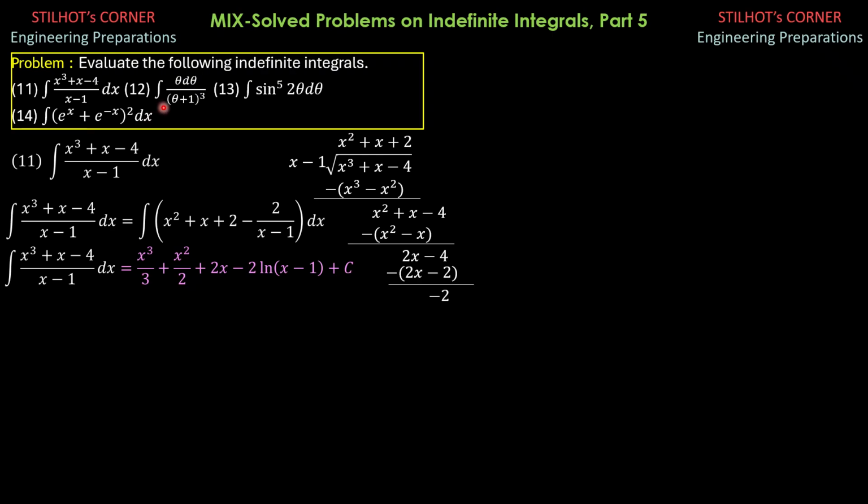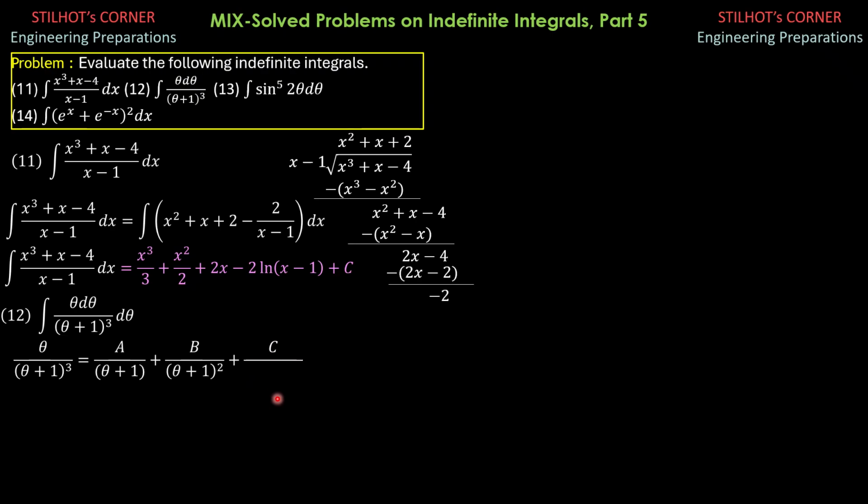Number 12, integral of theta d theta over theta plus 1 quantity cube. So we have repeated linear factors. We write this as theta over theta plus 1 cube into partial fractions: A over theta plus 1 plus B over theta plus 1 square plus C over theta plus 1 cube.